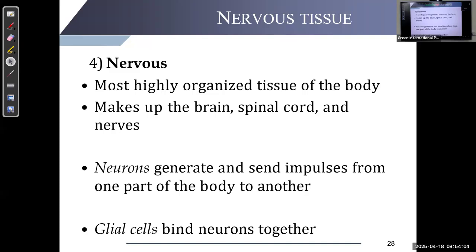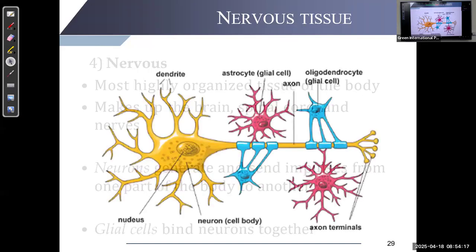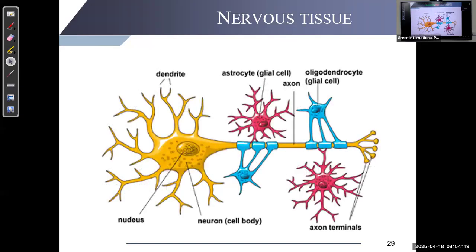Then we have glial cells. Glial cells bind neurons together. Those neurons are bound together with these glial cells. So this is the structure of a neuron, the nervous tissue, how it looks like.